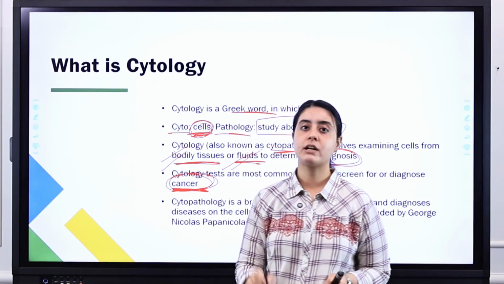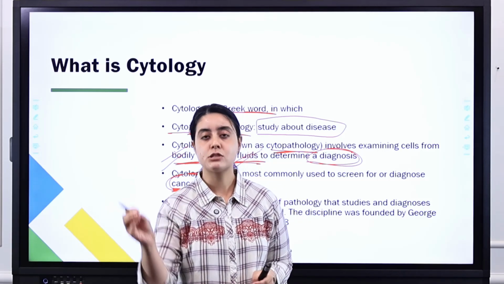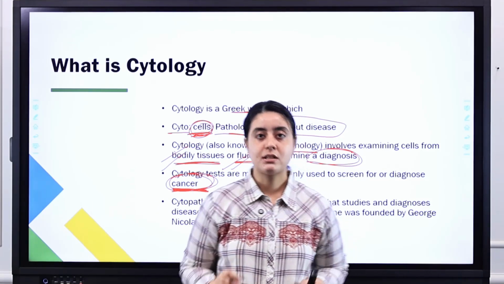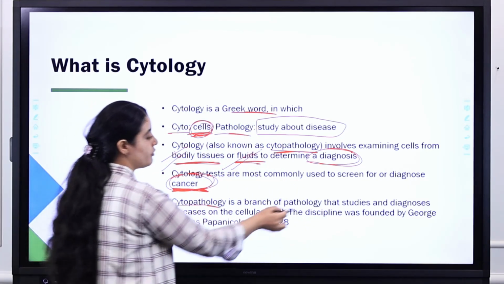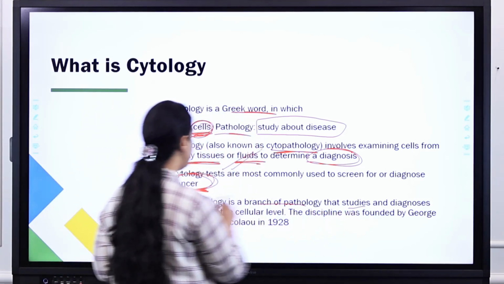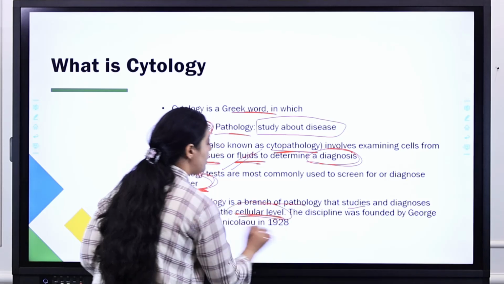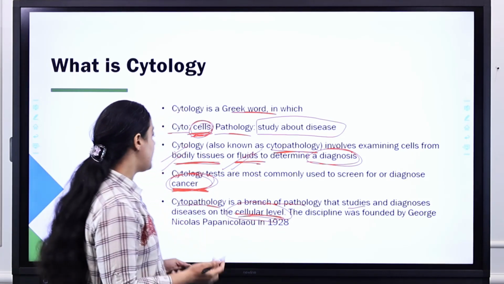We also have a classification of cancers that we will discuss in our further lectures or units. Cytopathology is a branch of pathology that studies and diagnoses diseases at the cellular level.